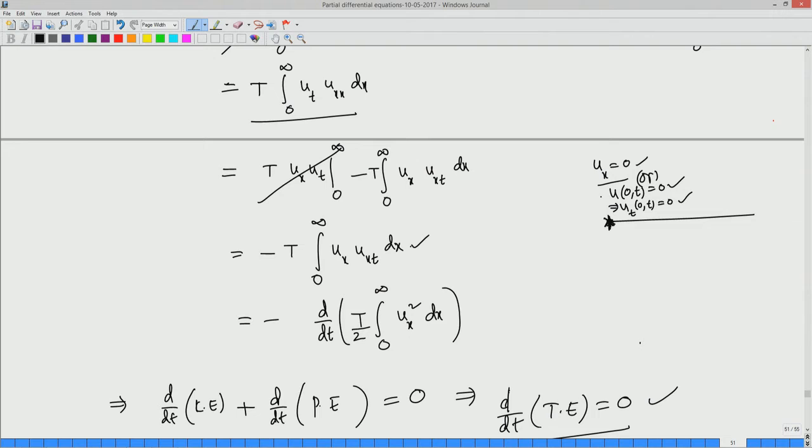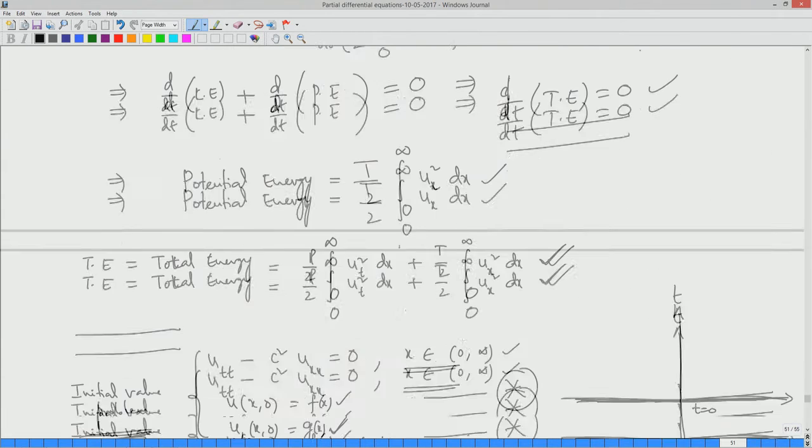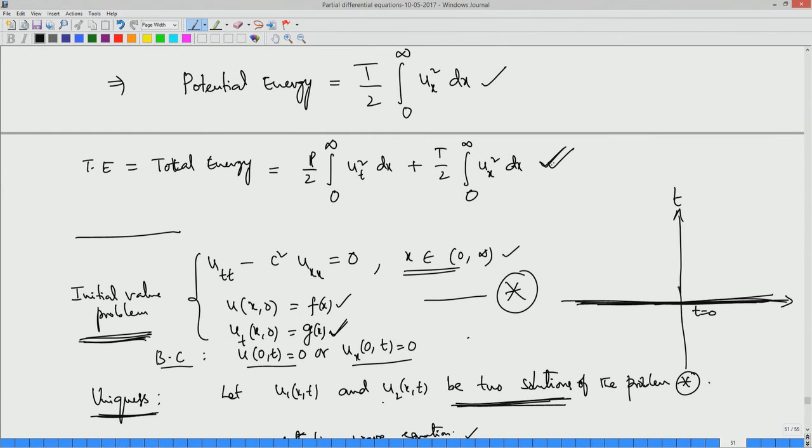But suppose the displacement being 0 is given as a boundary condition, you can see that its time derivative is also 0, because u(0,t) as a function of t is 0, and if you differentiate with respect to t it is also 0. Because of that, u_t here will also be 0 at x equal to 0. So, there is no issue even here, okay. So, the total energy is like this.